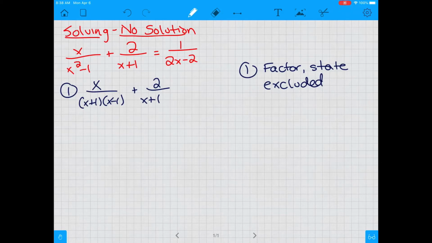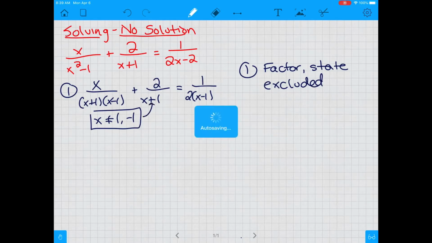That's stuck. Now, if you look on the right side of the equal sign, you may not think there's a whole lot you can do there. However, there is a GCF of 2. And I think that's important because now you notice the x minus 1 is now a shared factor. I don't need to multiply by something different. Makes my life a little bit easier. So my excluded values, I know x can't be 1 or negative 1.